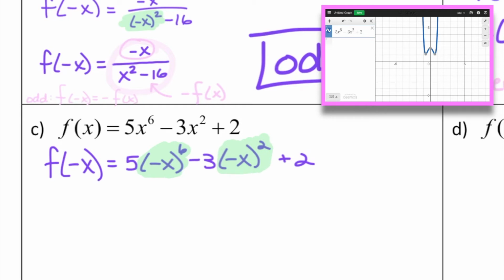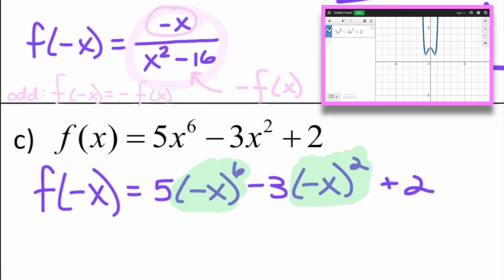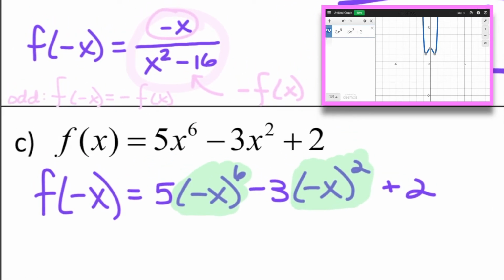And the thinking here is that substituting negative x in both of the places doesn't have any impact on the whole equation. There's no impact whatsoever. And so when you simplify that, you end up with f of negative x.